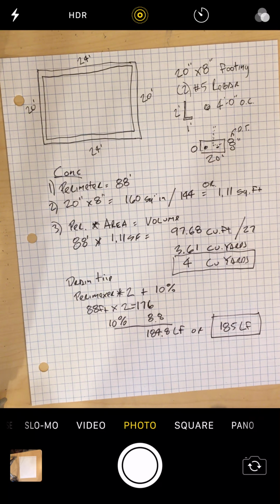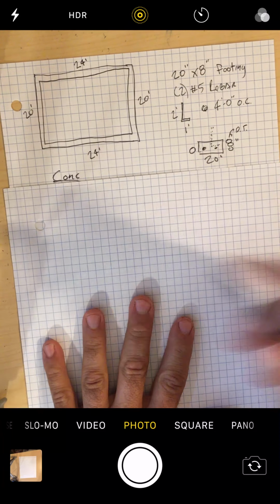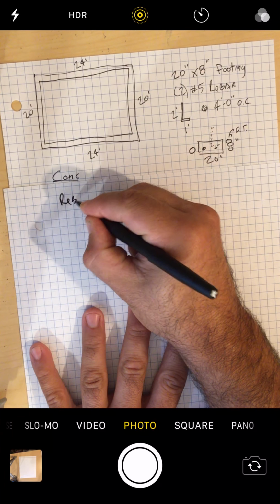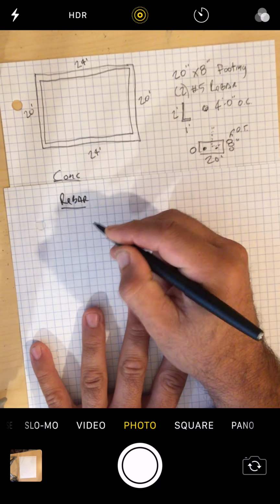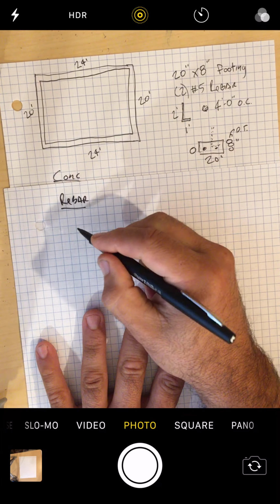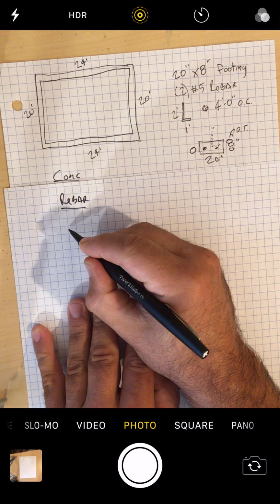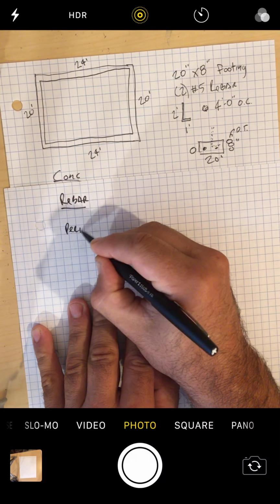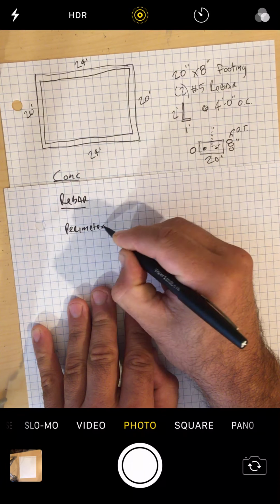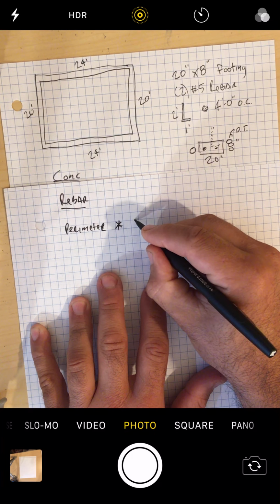So the last part that we're going to do is we're going to figure out our rebar. I'm just going to put this over here, rebar. So our rebar is going to be, in this case here, we've got two number 5 rebar. So our rebar is going to be perimeter times the number of bars.